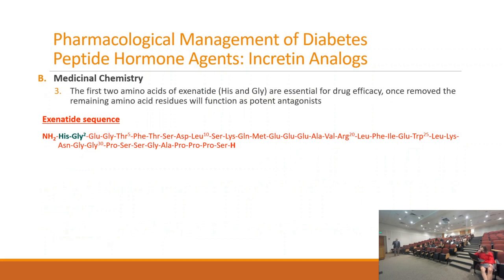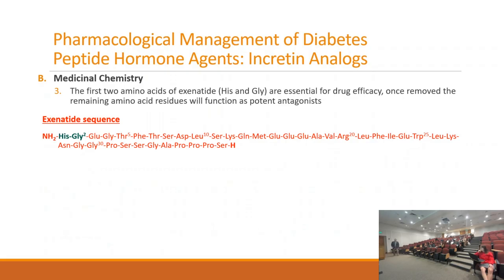The first two amino acids in exenatide, the histidine and glycine, are really important for the efficacy of the drug, the ability to activate incretin receptors. So you will see those two amino acids present in a lot of the drugs we're going to talk about because they're important for efficacy. If you remove these two amino acids, and we've done studies on this, the remaining amino acids actually serve as incretin hormone antagonists, which we don't want.